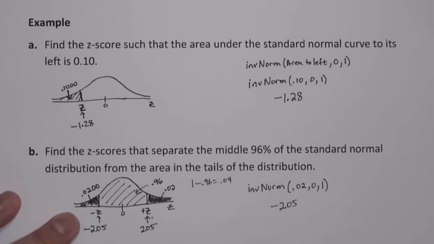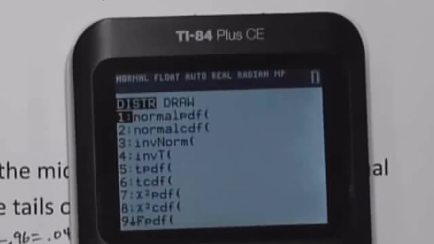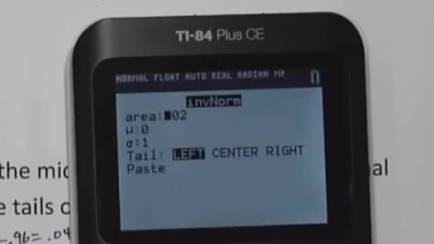Okay? On these newer calculators, we have other options. So we could have done this problem a little differently. So if I go to inverse norm, I also know that the area in the center is 0.96. That was given to me directly. So I could have also chosen 0.96, and I could have chosen the center option.